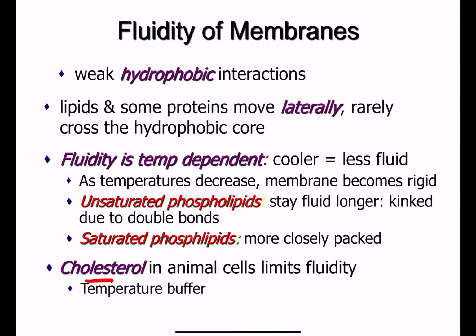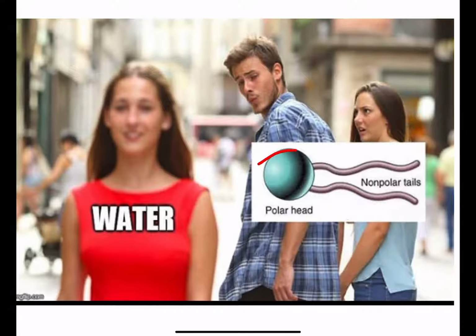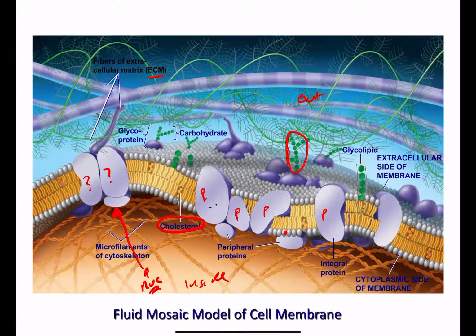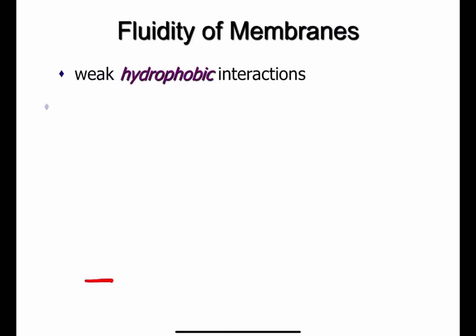And this is just showing you a silly little meme where if it's polar, like the polar head, it wants to be next to water, which for the most part is extremely polar. So it's always going to be that orientation. If you go back and take a look here, these polar heads are facing towards the polar interior because remember cells are primarily made up of water. Same thing on the exterior, the polar heads are facing the polar solution that they're in.